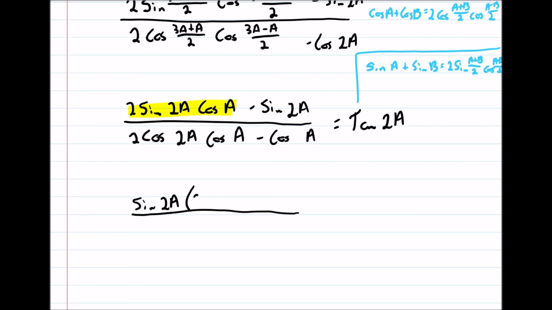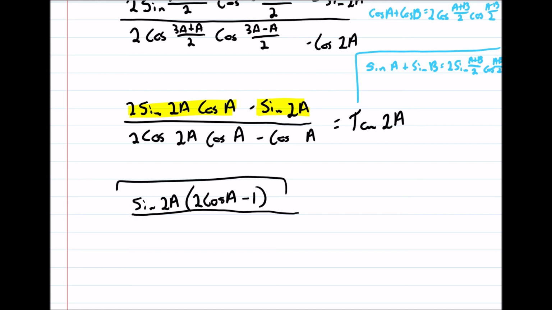Actually, no, we'll do this. Sine 2a, take it out. We have to multiply that by 2 cos a. So that multiplied by that will give me the yellow. And then how do I get back this? I'll have to multiply sine 2a by minus 1.